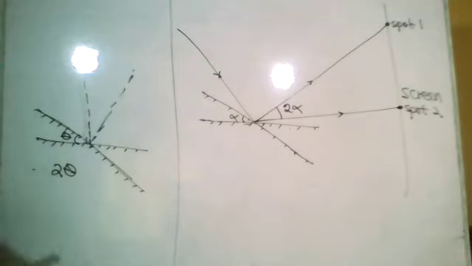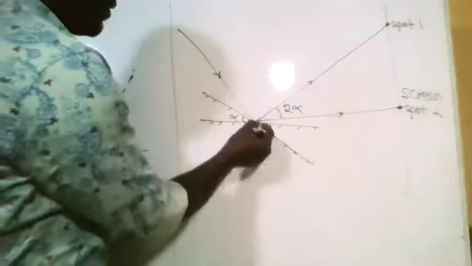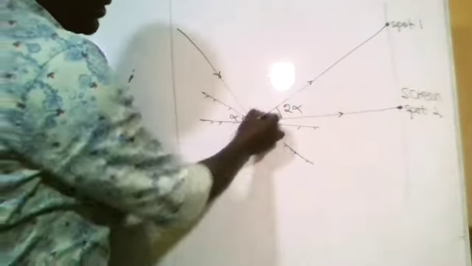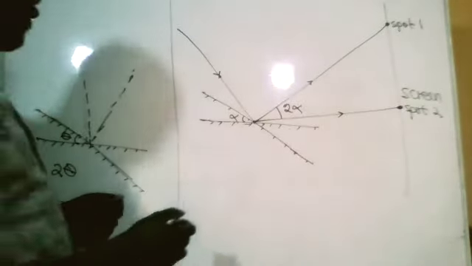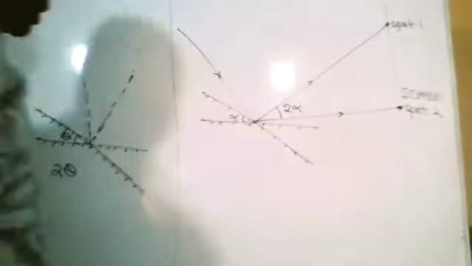Then depending on how the question is given, you can be asked to calculate the distance from the mirror to the first spot, or the distance from the mirror to the second spot, or the distance between the two spots.